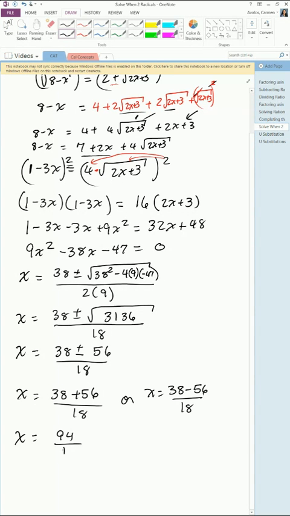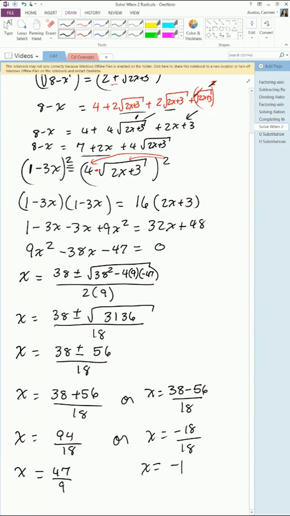So we get 94 over 18, which is going to be reduced, and then the other one is going to give you x equals negative 18 over 18. This one gives you a negative 1, and then the other one is going to be reduced because they both share a 2. So we get x equals 47 over 9. So those are the answers to it.